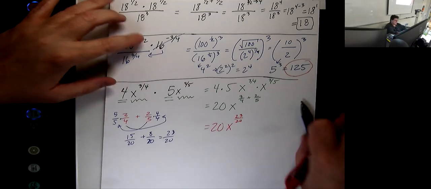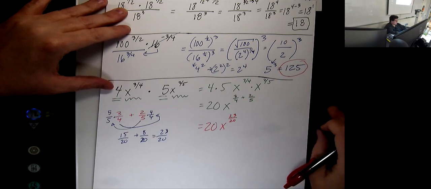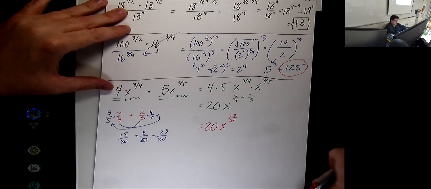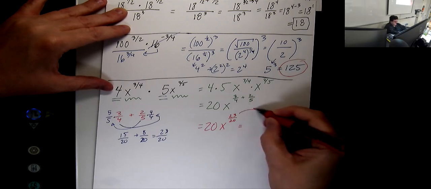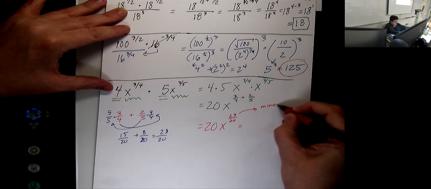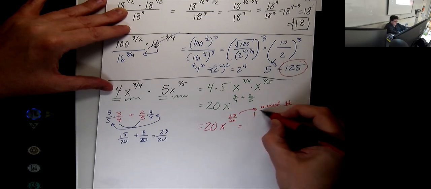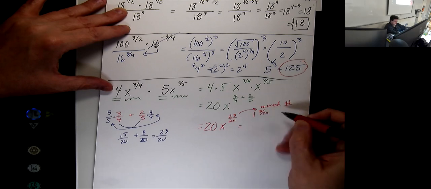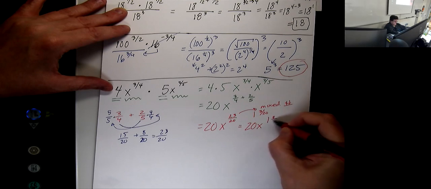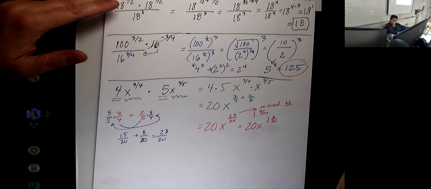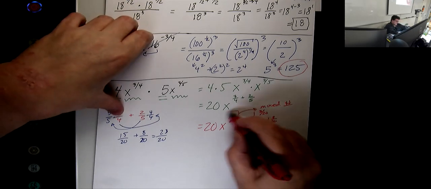If we wanted to write this as a radical, I think showing how it is a radical when you're starting with fractions is kind of handy. I'm going to rewrite this as a mixed number. As a mixed number, that is 1 and 3/20. You could leave this as the answer. That's good.